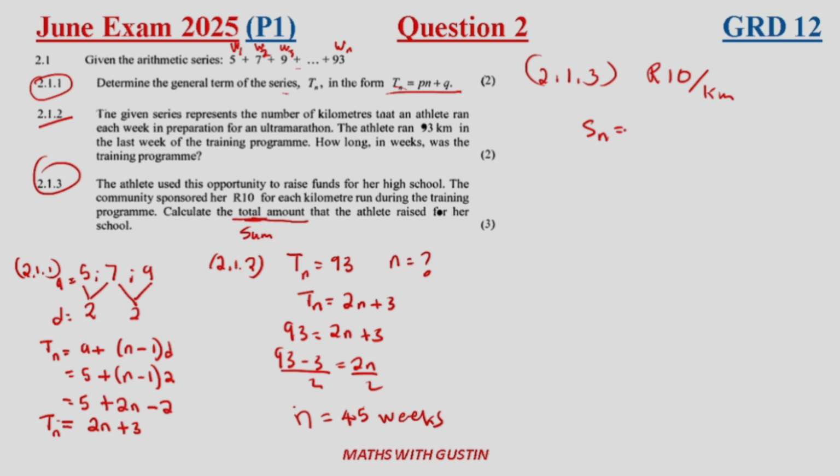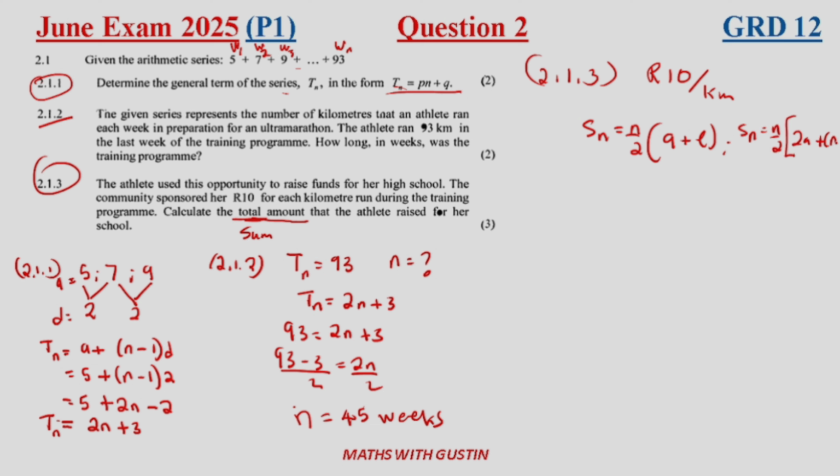In this case, you can either use this formula here, which is n over 2 in brackets a plus the last term, because we know the last term, or we can also apply this one here, n over 2 in brackets 2a plus n minus 1 d.